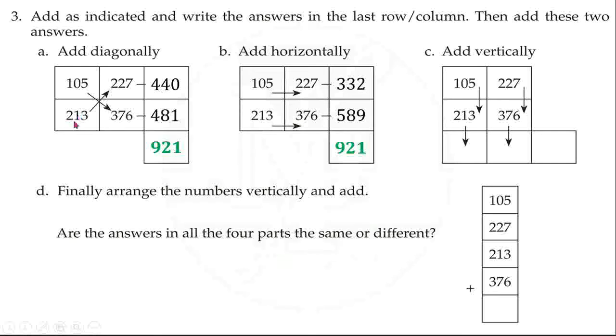Coming to this box here, you have 213. What you have here? 213. Look here, 376. Here too you have 376. So the given numbers in all these four boxes are same. And the sum we have obtained on adding diagonally and horizontally are different.